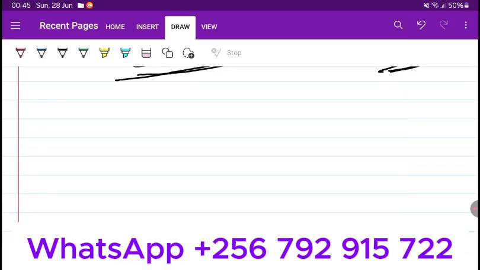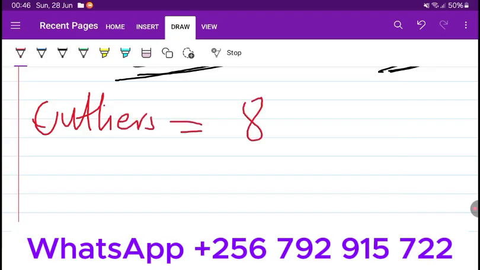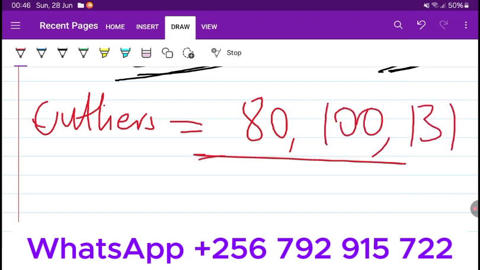Now, the outliers that we have: 80 is an outlier. We had 100 and 131. These are the only outliers we have because we never had negative values or negative scores. Our smallest score was 5. So it means 5 is okay.